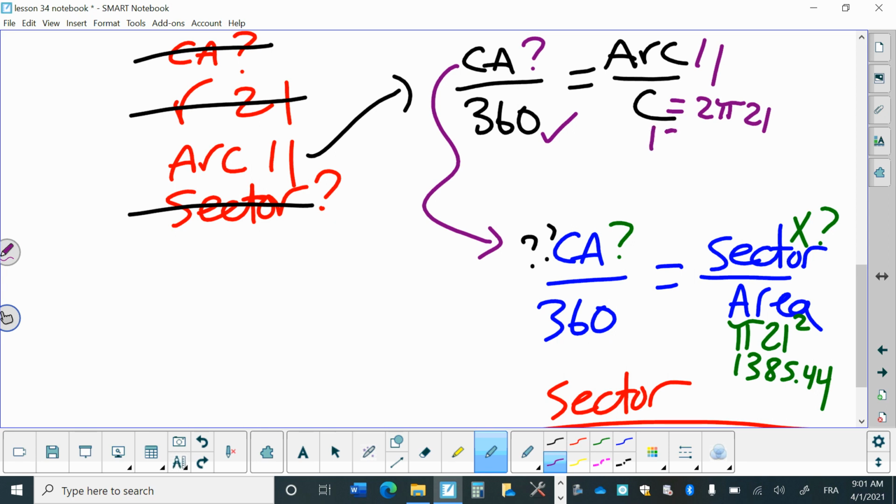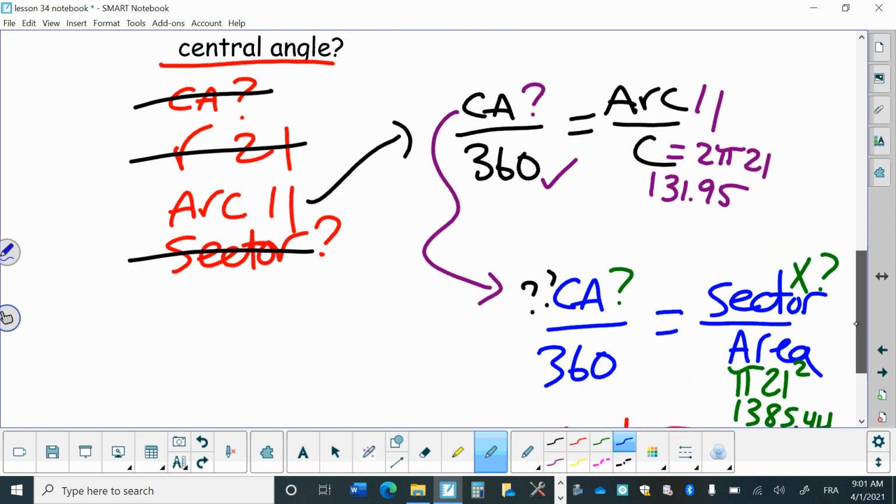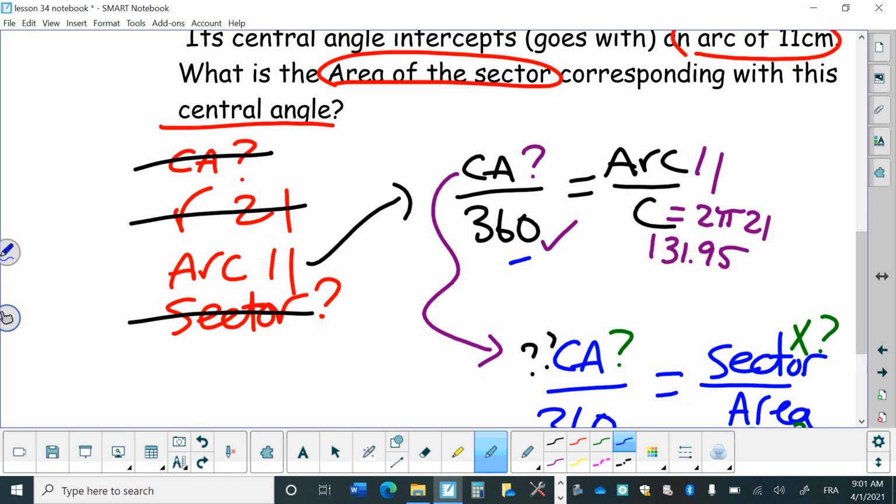My circumference is 131.95, when I say 2 times pi times 21. Now I'm able to cross multiply and divide. So go back up here, right? Cross multiply, divide by the 131.95. I get a central angle of 30 degrees.